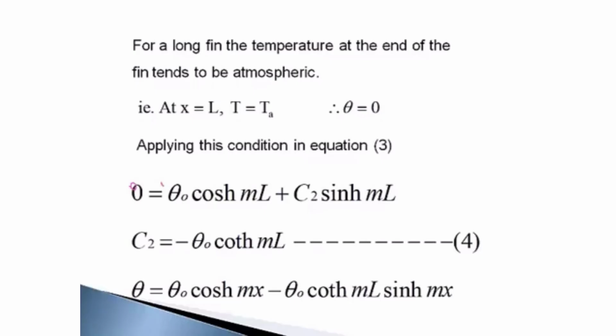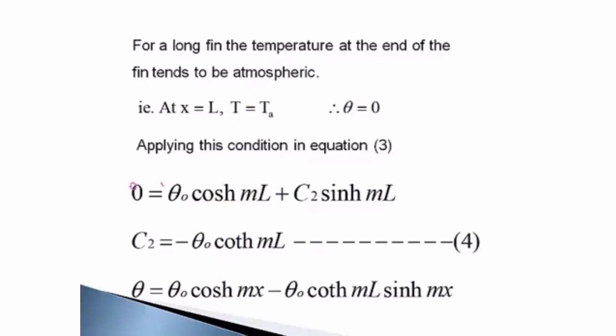There is no temperature difference, no convection, because most of the heat is already dissipated through the remainder part of the fin. So for a long fin, the temperature at the end is TA, the ambient temperature. Theta is T minus TA, and T is TA itself, so you get theta as 0. There is no temperature difference.